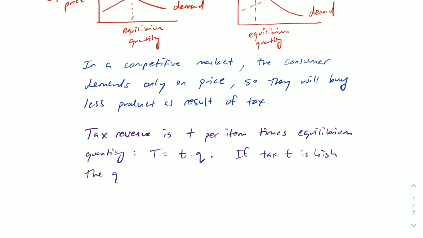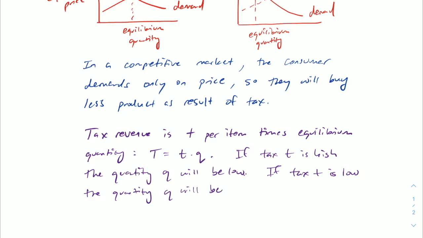The quantity Q will be low. And if the tax is low, the quantity Q will be close to what it was before.